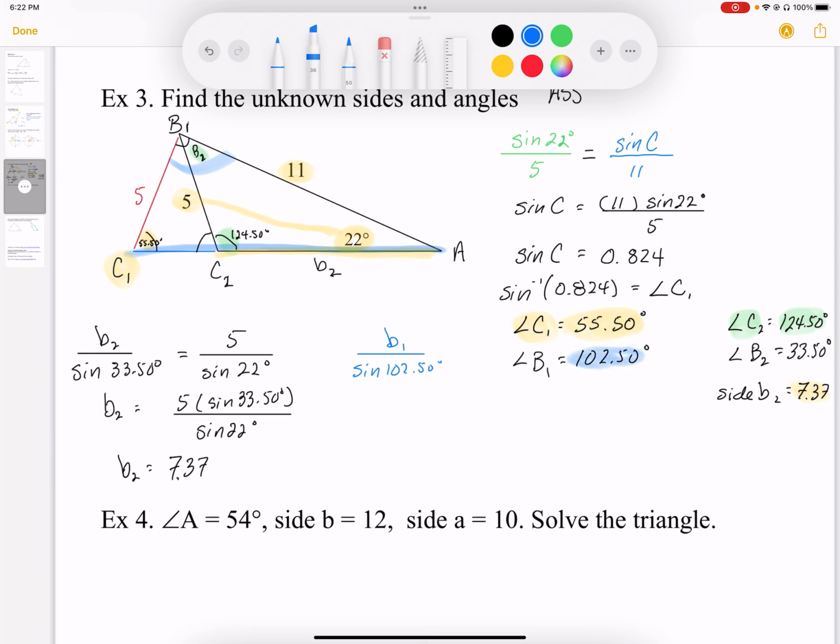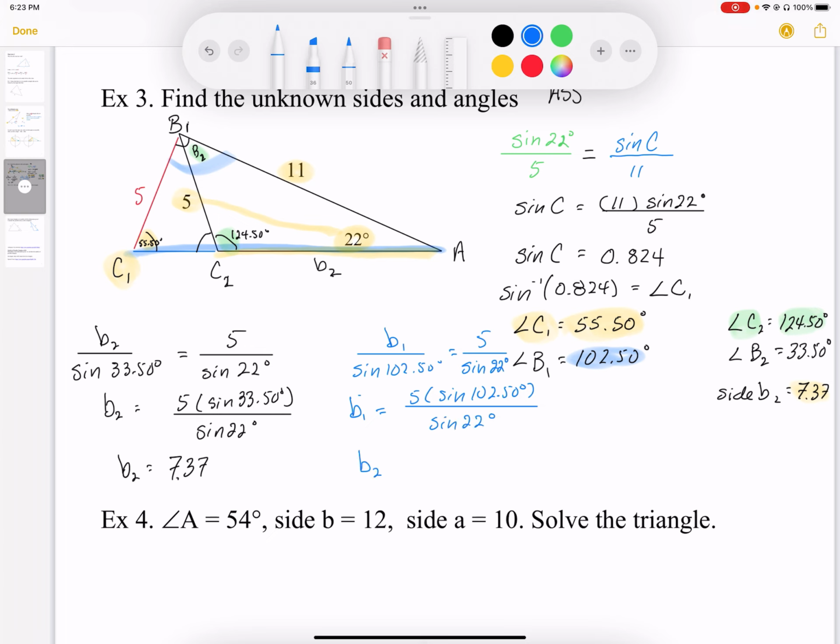There it is, that is going to be equal to 5 over sine 22 degrees. Okay, so that was our known side opposite angle pairing. Solving for B1, I end up with 5 times sine of 102.50 degrees divided by sine of 22 degrees when I rearrange that algebraically.